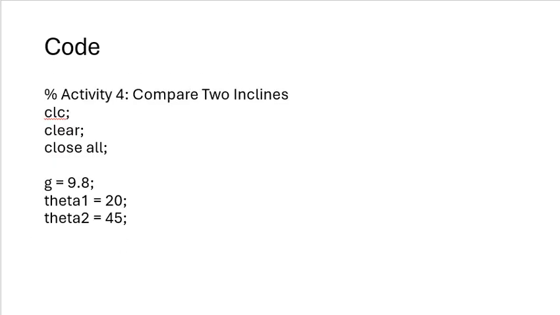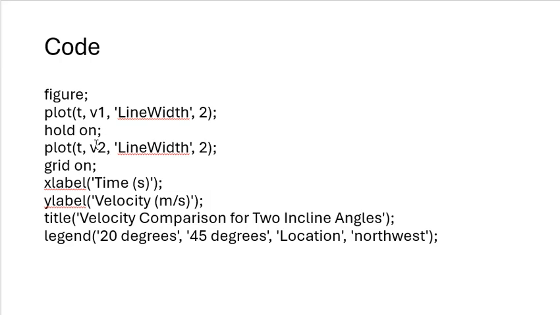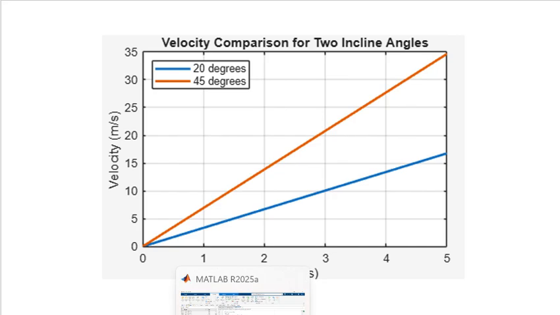We have a program: clear, given 9.8, 20, 45. Calculate, still sine in degrees, since we're still dealing with the acceleration due to gravity. Then we have 0 to 5 with a 0.1 step, and you have v1 and v2. We print it and plot it, and you should get something like that.